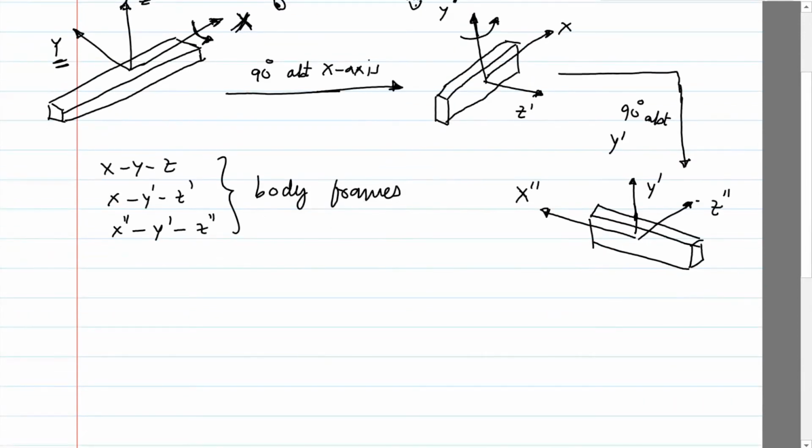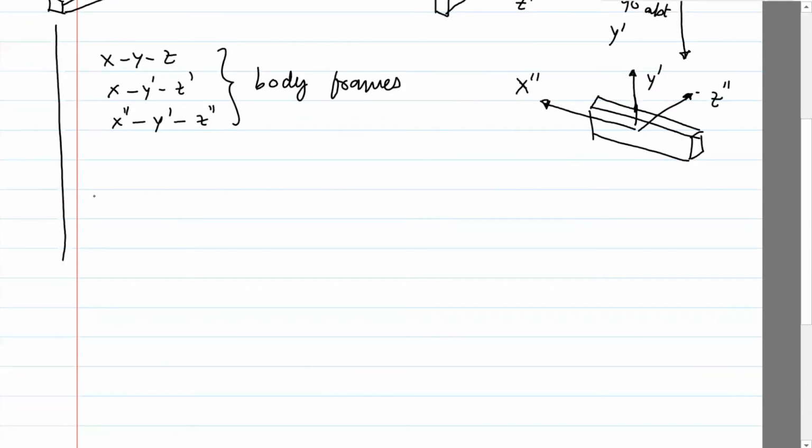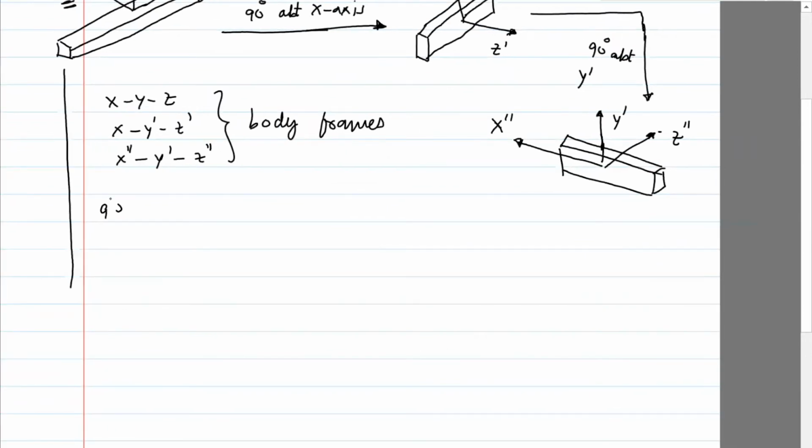So we'll continue this. We did 90 degrees about X, 90 degrees about Y. Now let's do this differently. Let's first rotate 90 degrees about the y-axis.